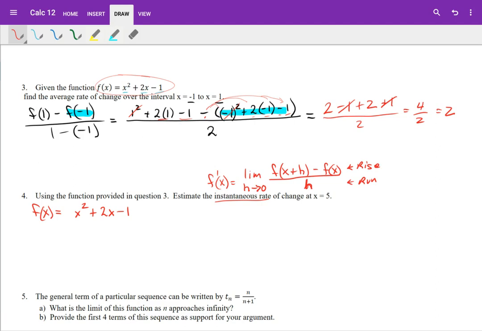All right. Well, let's go ahead and plug this into the instantaneous rate of change finder formula, which is the derivative. And so I'm going to do f prime of x equals (x plus h) squared plus 2 times (x plus h) minus 1, minus (x squared plus 2x minus 1).